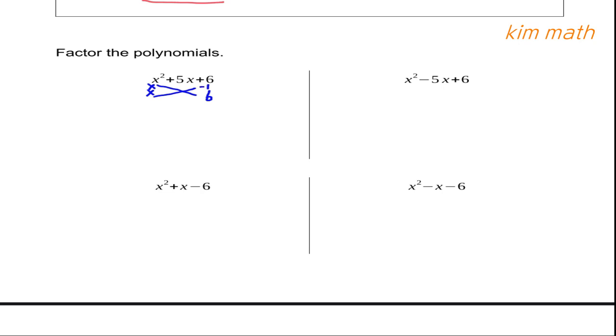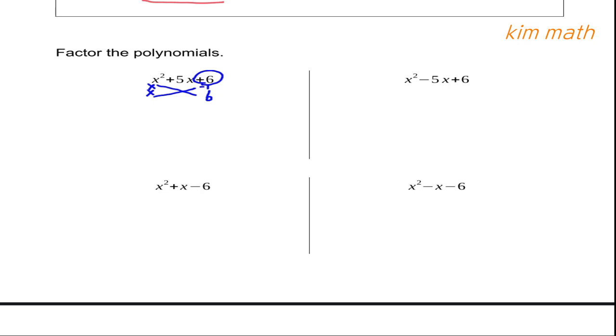But in here, we have a positive 6, which means negative 1, positive 6 is not possible. We must have the same sign. So positive 1, positive 6, or negative 1, negative 6. Please note that with these two numbers, it is not possible to make a 5x. Good?